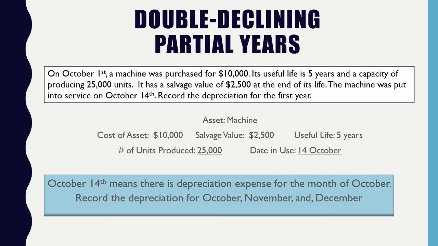So then let's go ahead and talk about what happens when partial years come into play. Once again, we took a look at this for units of production. However, it didn't seem to matter how old the asset was because at the end of the day, you're always calculating how much you've spent or produced that year. In this context, partial years is a huge contributing factor because it depends on when you place the asset into service.